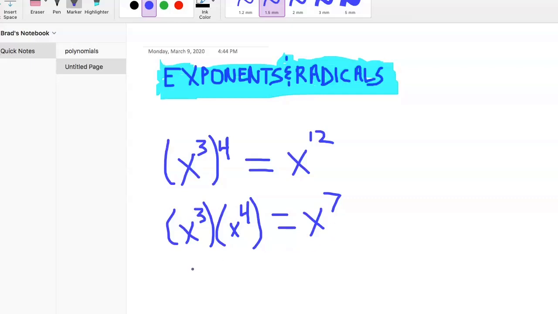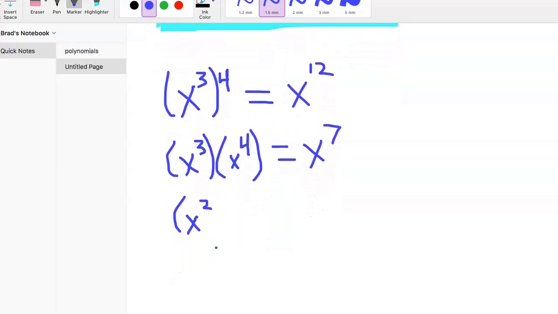Just to do one more here, we do two of each kind. If we had x squared to the sixth, this one is the same as the problem up here, and there we multiply the exponents.